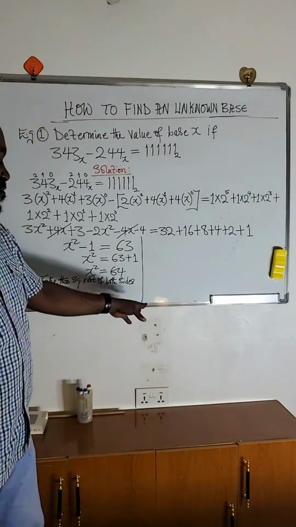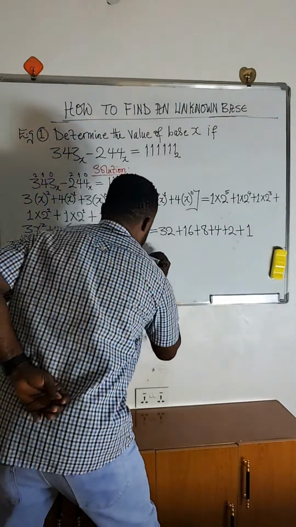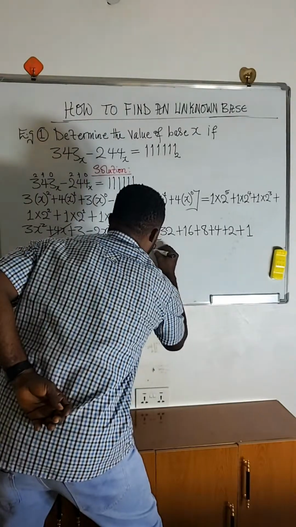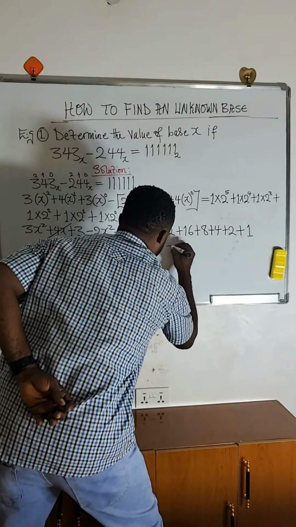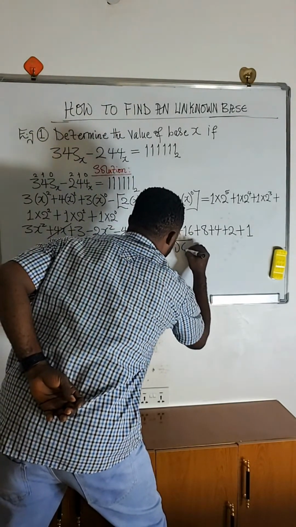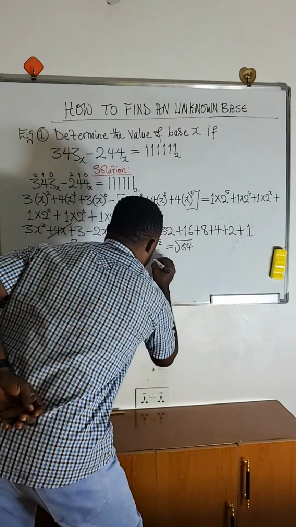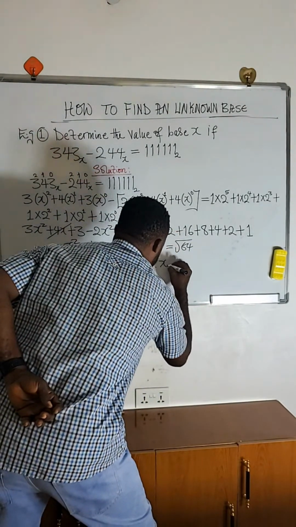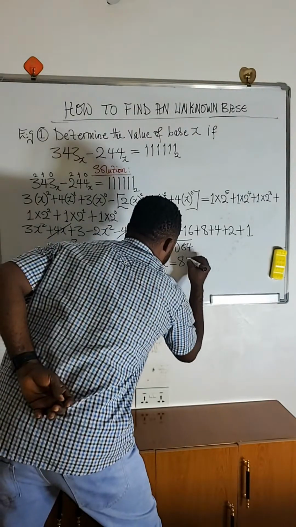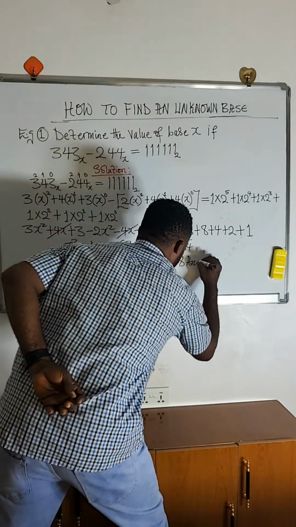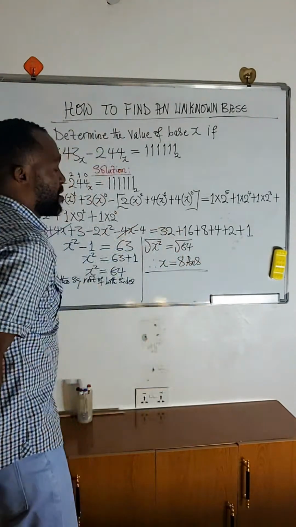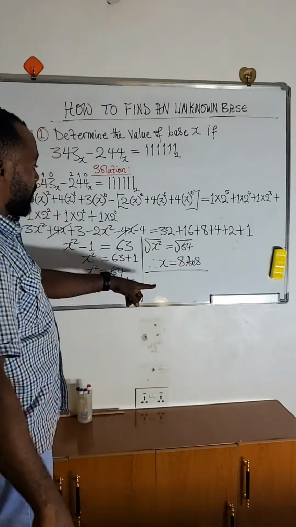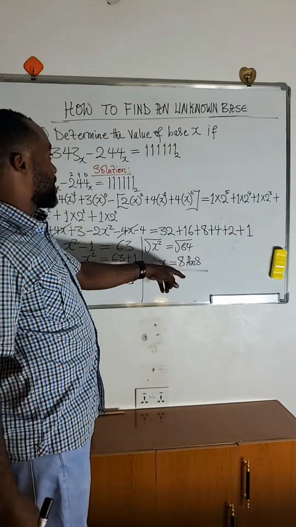Take the square root of both sides, meaning that the square root of x squared equals the square root of 64. Therefore, x equals 8. This becomes the answer to that. All right. So x equals 8.